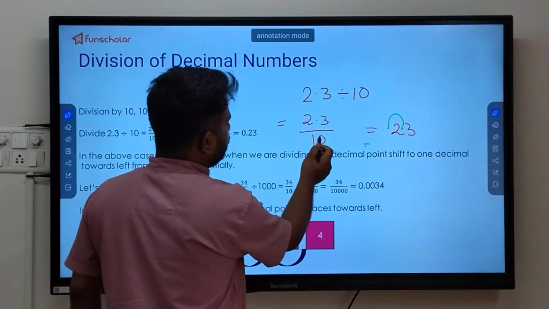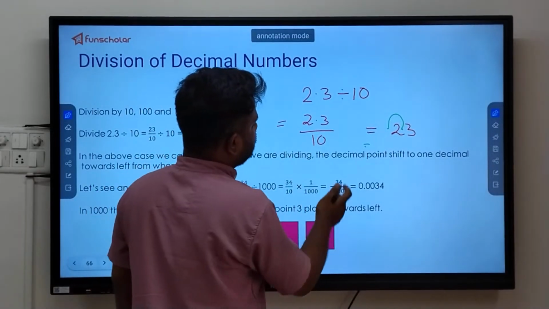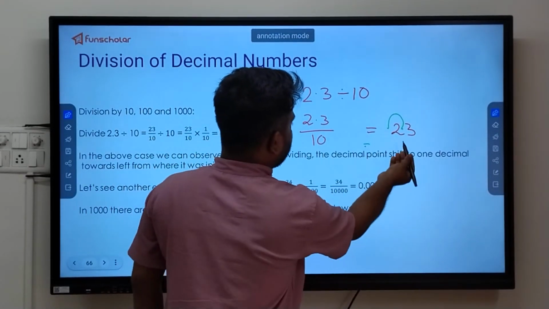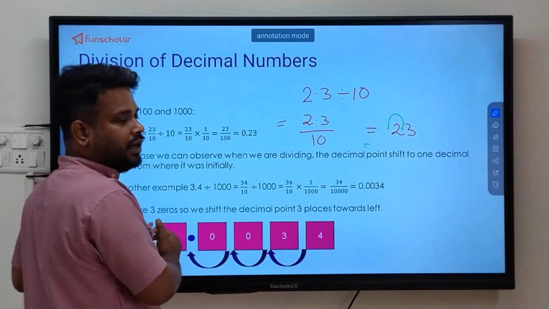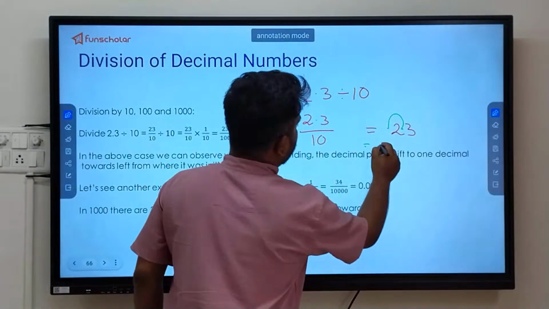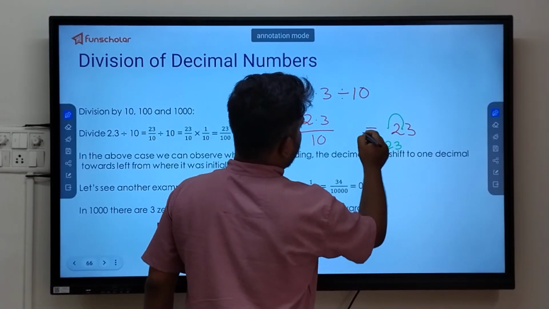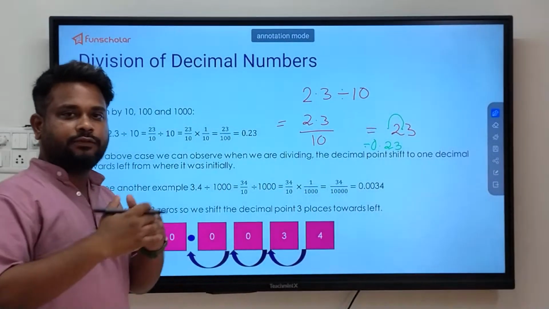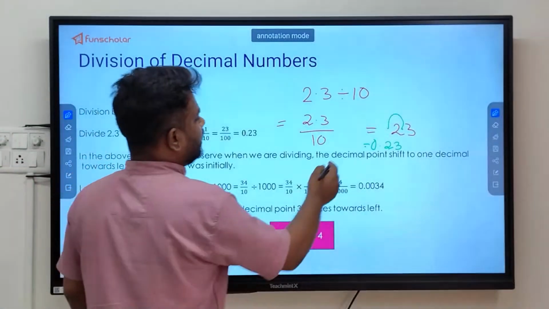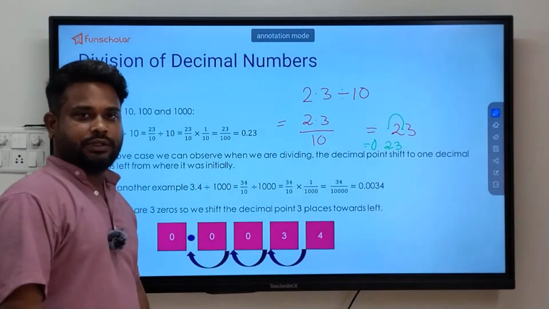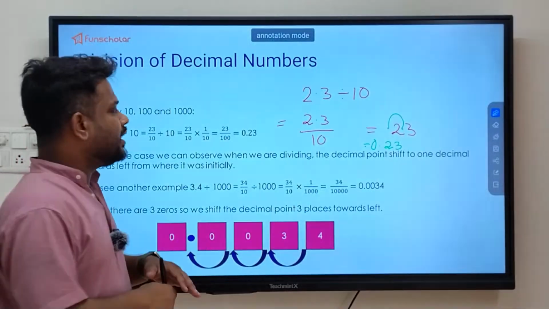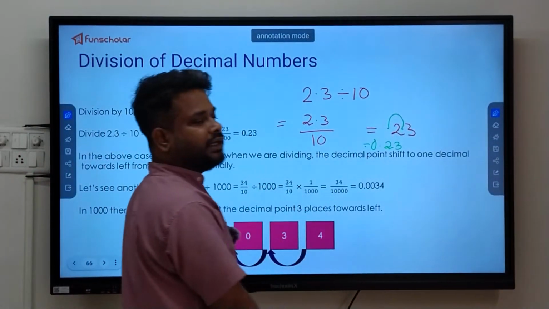Because it has only 1 zero, and for this 1 zero the point will take a place earlier. Okay, and it will become 0.23, and because the point is alone in the first place, we will write a 0 before it. Okay, just the same way, so that the point doesn't get lost.